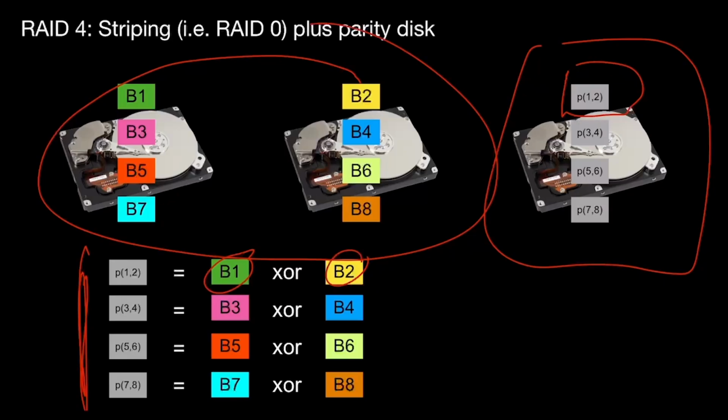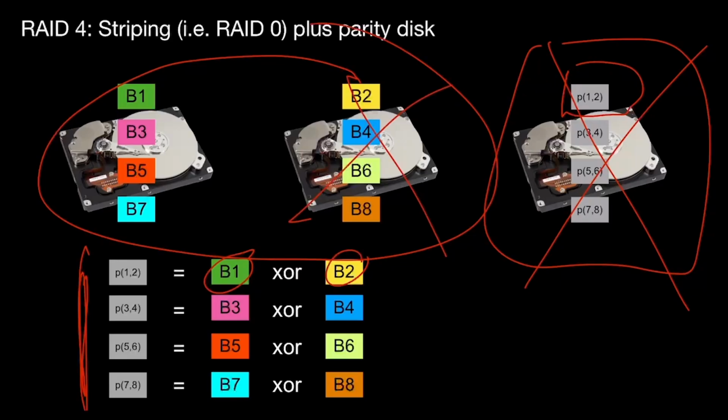So if you lose a parity disk, how do you reconstruct the data? You can reconstruct the parity disk, but the data is already there. So I don't have to reconstruct data, but if I pull out the parity disk, put in a new one, then I recompute the parity using the existing disks. Job done.